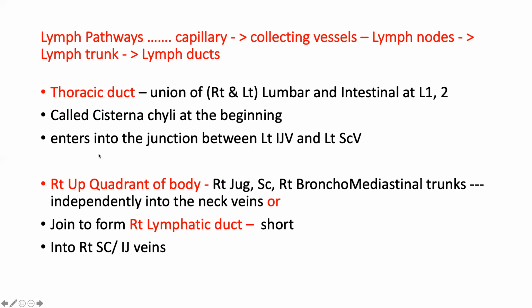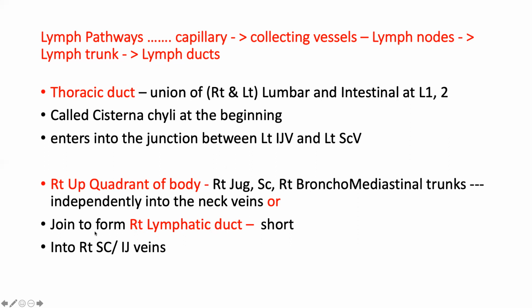As we remember, the right upper quadrant of the body is different. They will go separately into the right jugular vein, subclavian vein, right bronchomediastinal trunk, independently, or into the neck veins.